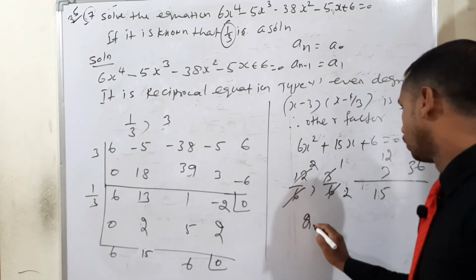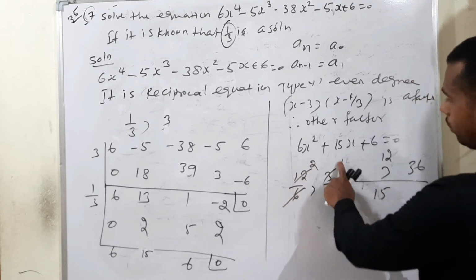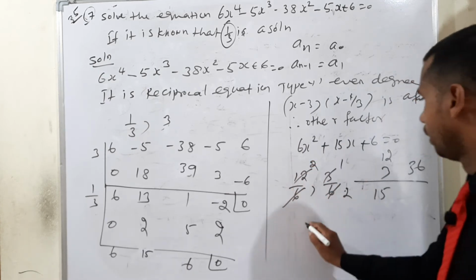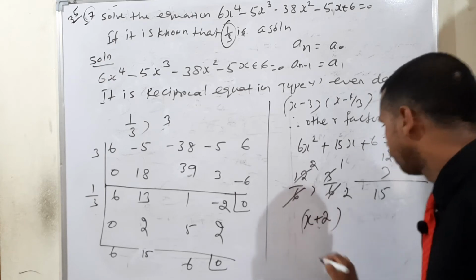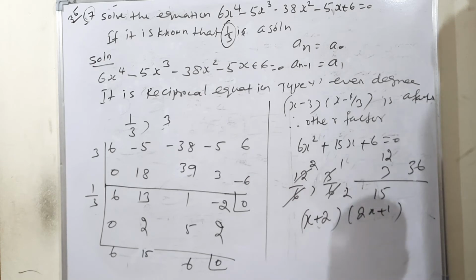Therefore, how to derive the line? Actually 6x square is there. We can write it as x plus 2 and 2x plus 1, isn't it?